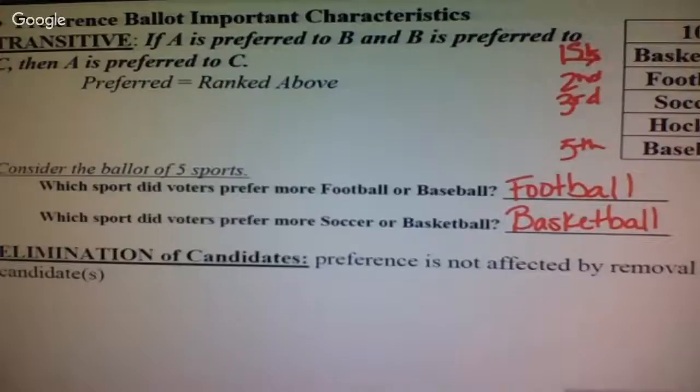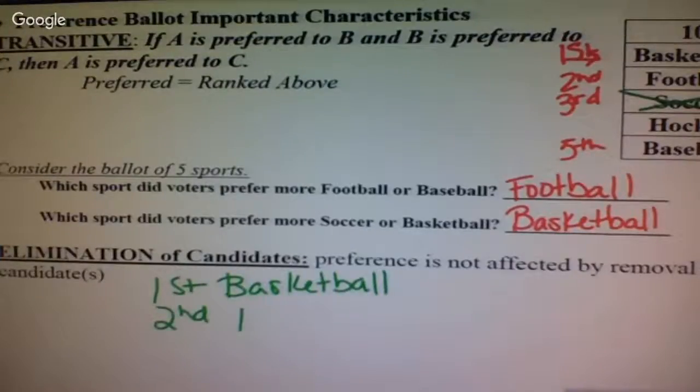Okay. Last thing. If I have to eliminate a candidate, so if I take soccer out of the equation and we're not looking at soccer anymore, the rankings don't change per se. Everything just shifts up. So if I take out soccer, first place is now basketball. Second place is now football.